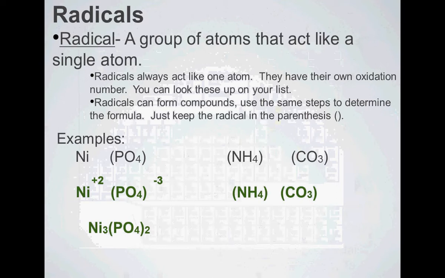Write the symbols. Ammonium's plus 1. What's carbonate? Minus 2. Crisscross them. And we get (NH4)2CO3.